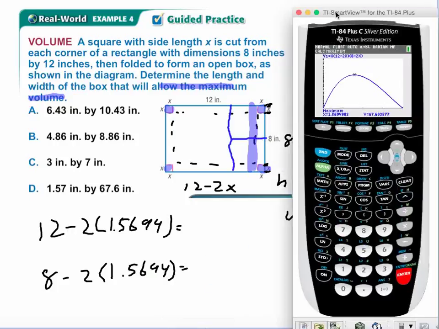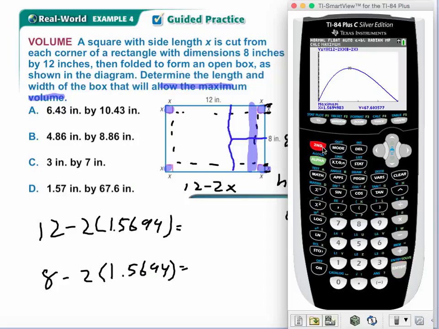So let's figure out what those are in the calculator. We'll pull that back up here, and we will clear the graph, and we'll go 12 minus 2 times 1.5694, and you get 8.861, which is the only one that works there.